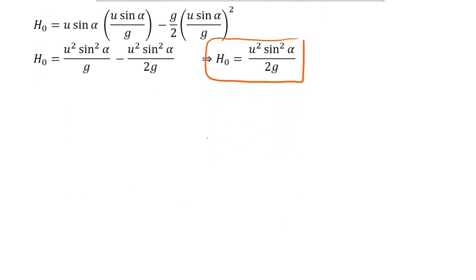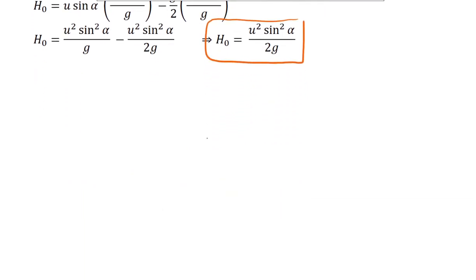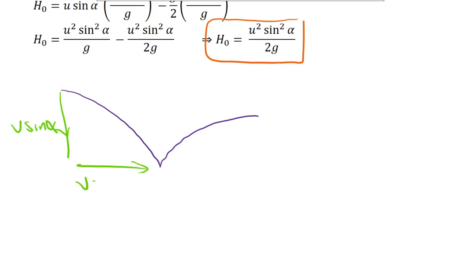So we can use Newton's experimental law here, I think. A quick sketch of what we're doing: it's doing that, and it is going with u sine alpha down, u cos alpha across.